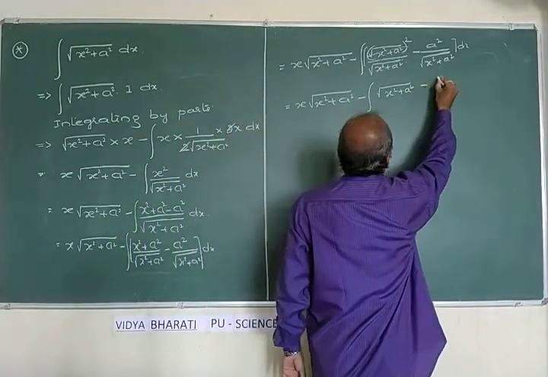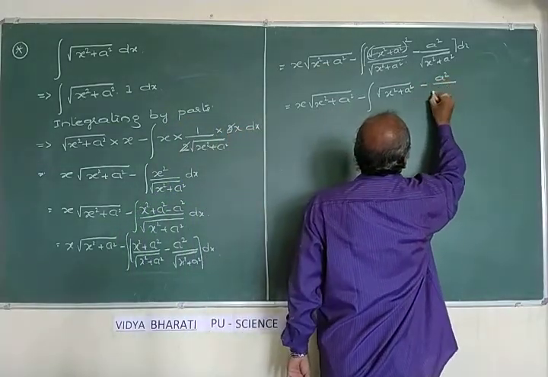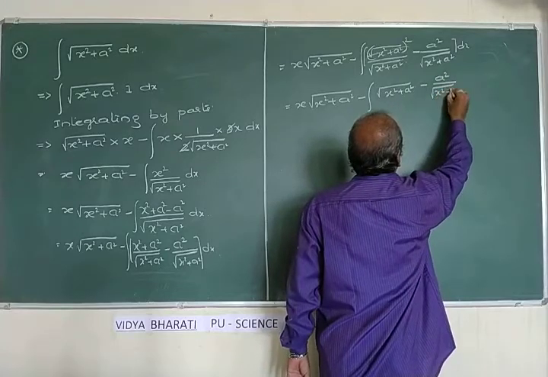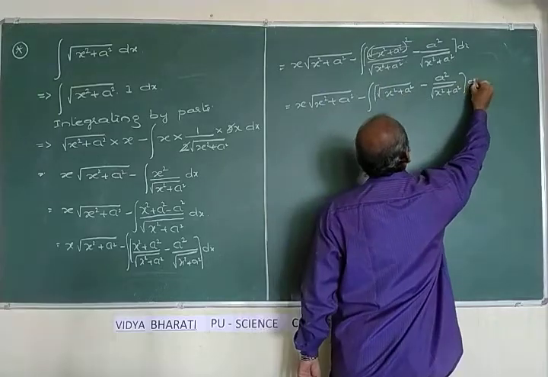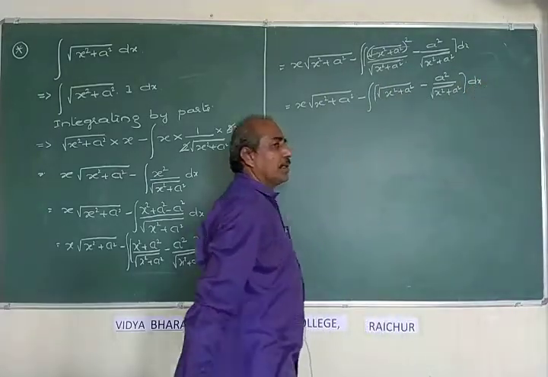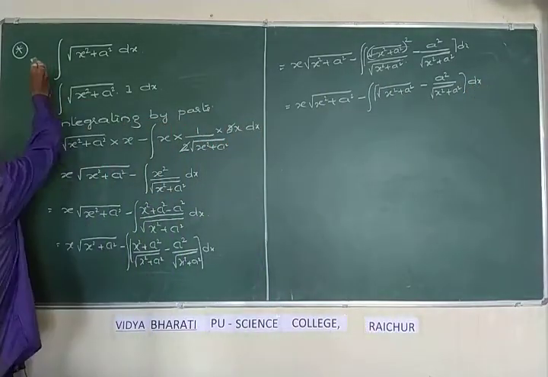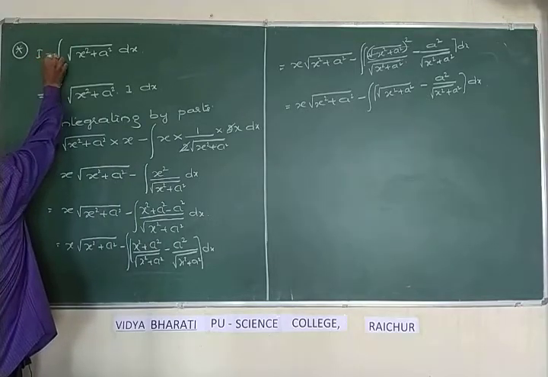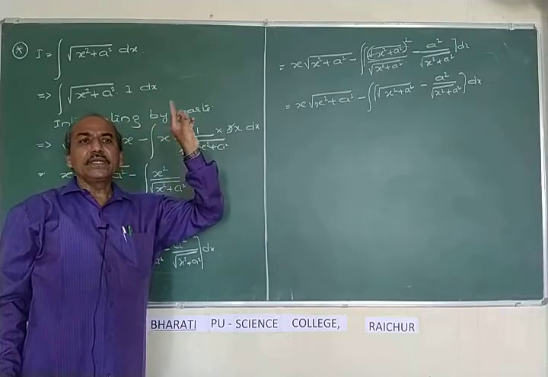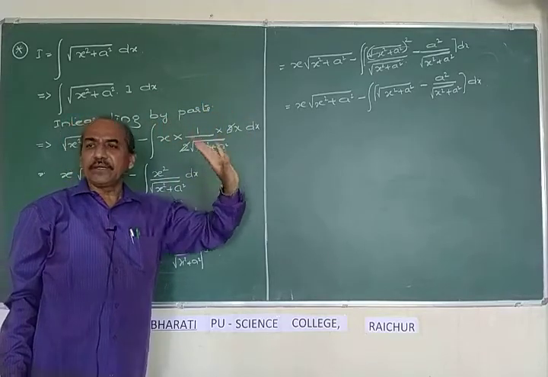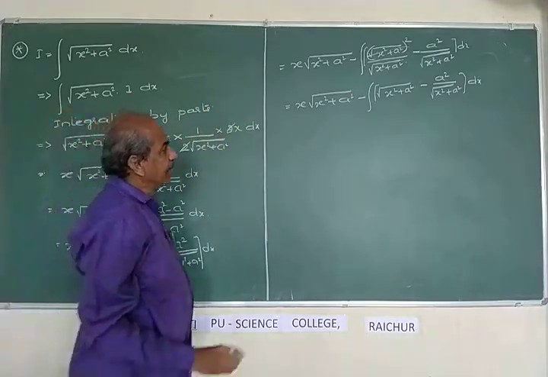So minus a square by root of x square plus a square, whole bracket, into dx. Here, initially we take I as the very beginning, I is equal to the integration of root of x square plus a square into dx.